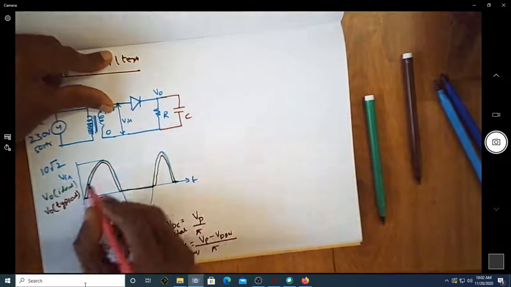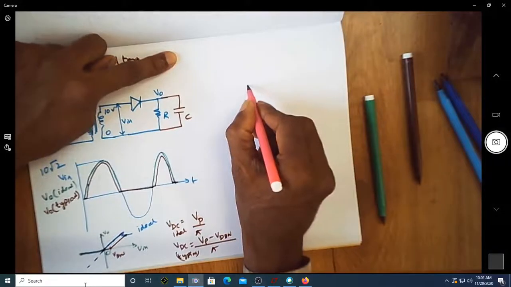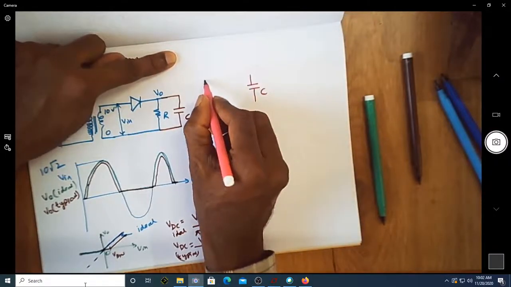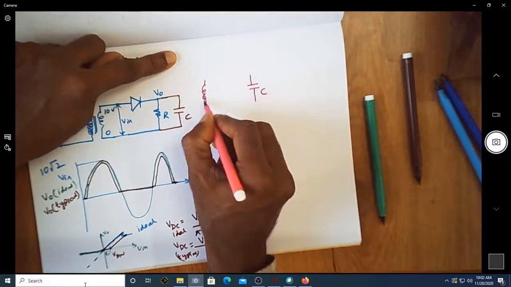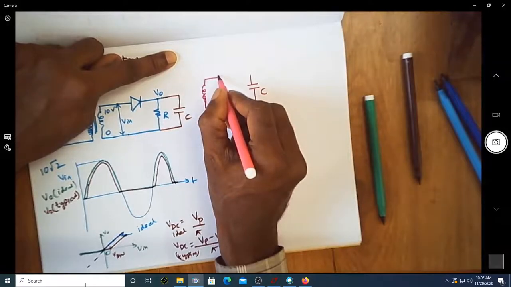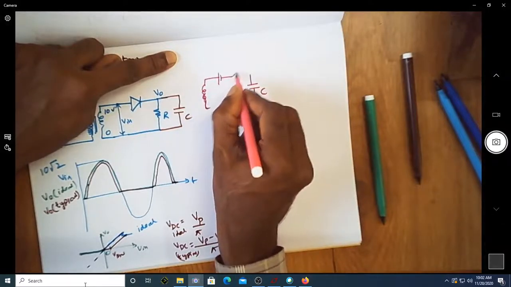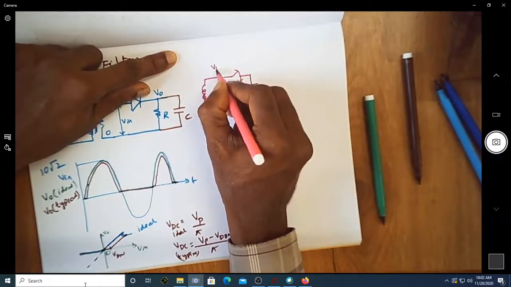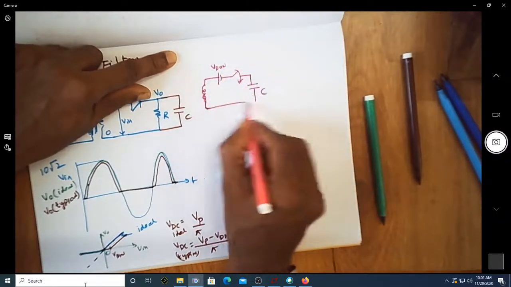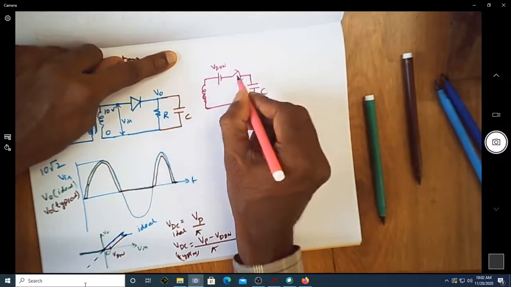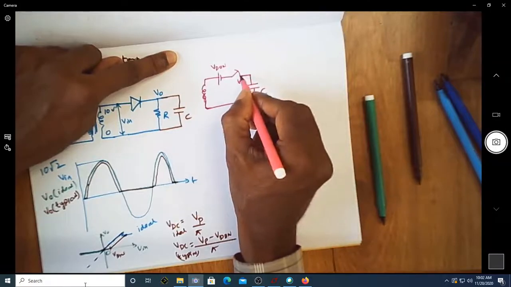When the diode is conducting, this is the capacitor what we have, and we have the source in the form of the secondary of the transformer, and in between I have the diode, which is represented by something like this. The switch is closed. When this switch is closed and this is of VD on, this switch will have some resistance.